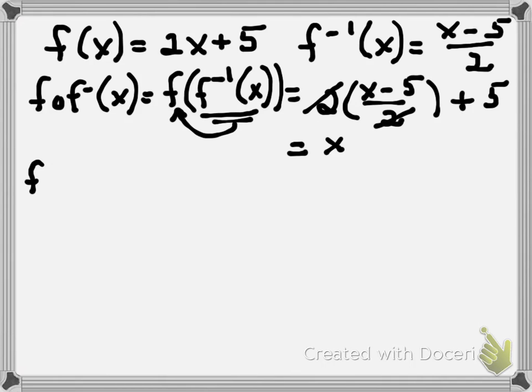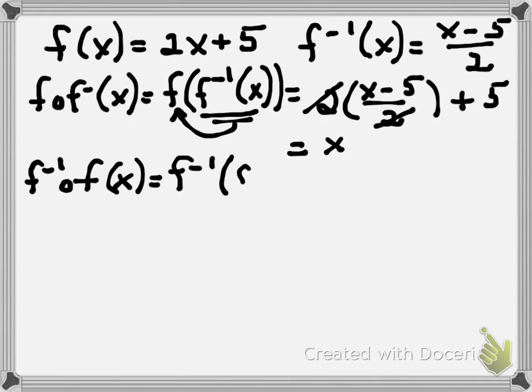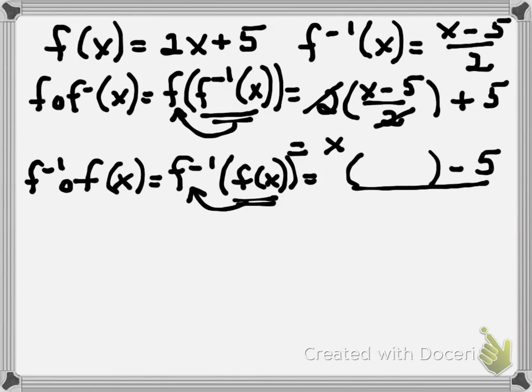Let's check the inverse of f of x. And now the function f goes into the inverse. The inverse had x minus 5 over 2. In that parenthesis, I'm going to put the f function, which is 2x plus 5.